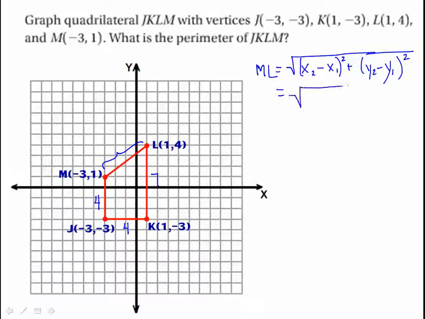So if I substitute my numbers in, I'm going to use L to be x2 and y2, and M to be x1 and y1. I would take the square root of 1 minus -3, or 1 plus 3 squared, and 4 minus 1 squared.